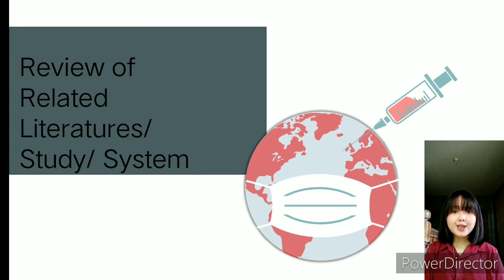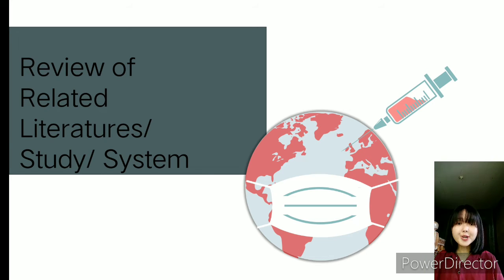This chapter presents the review of related literature, studies, and systems, as well as the synthesis and research project, in which the RRL provides factual, existing, and new ideas to support the variables and functions of the study. In every related article, journal, and book, the researchers include them in the study.